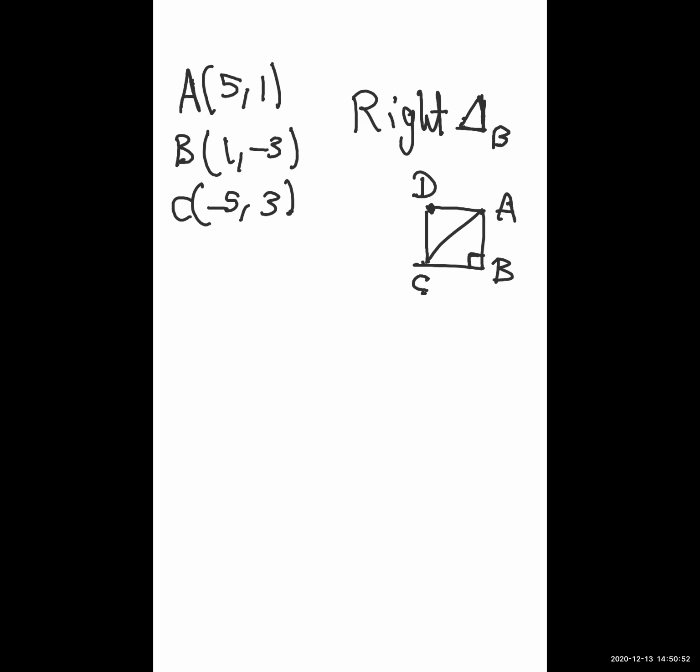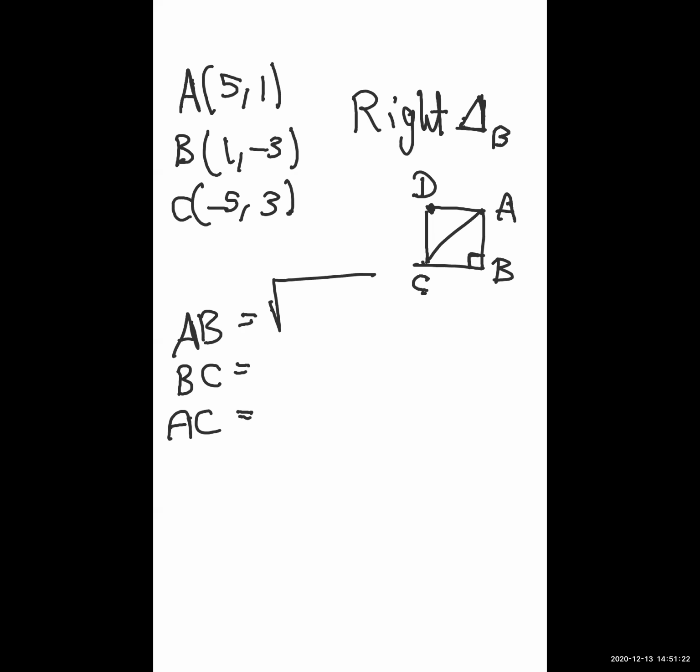First, to prove that this is a right angle, we have to get AB, BC and AC. From the first lesson of this unit, the distance between 2 points: AB equals the square root of, what was the rule, guys? (x1 minus x2) squared.